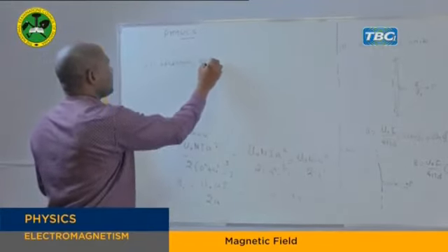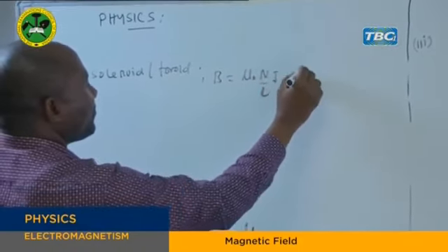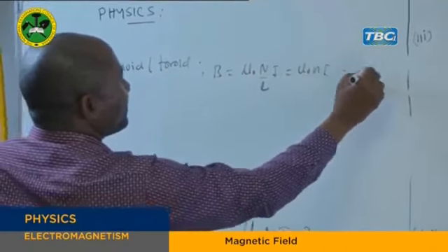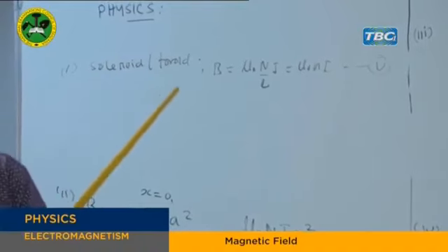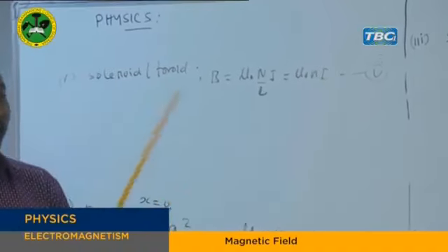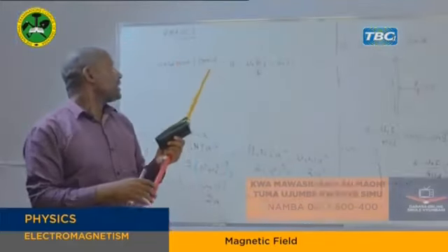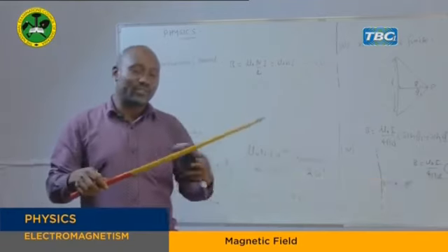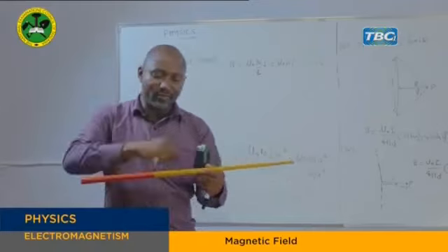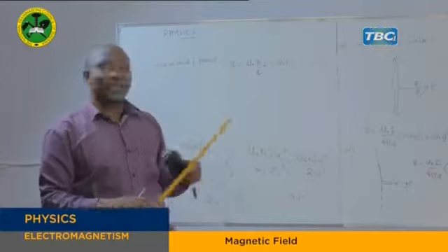And the formula was B equals mu N over L I, or equals mu n small I. This is the formula that you use to find the magnetic flux density at the center of a toroid. I think you remember the meaning of a solenoid and a toroid. The difference is when you have a solenoid, which is a bar of this type with a number of coils wound, when you bend it, we form a toroid.